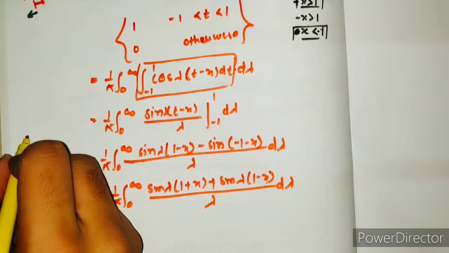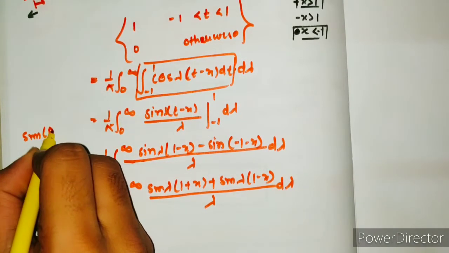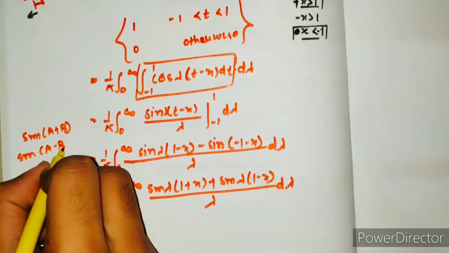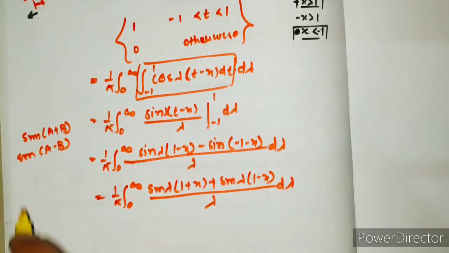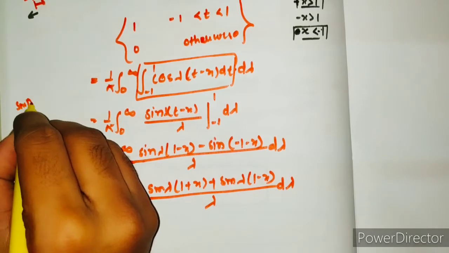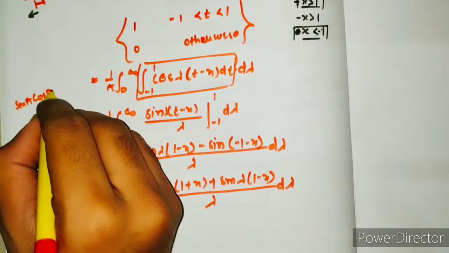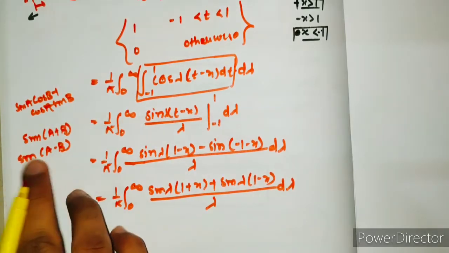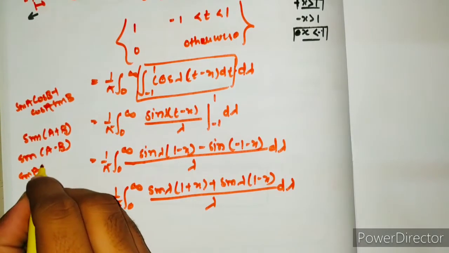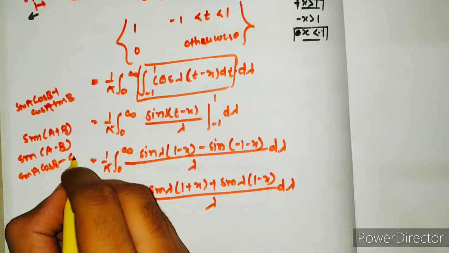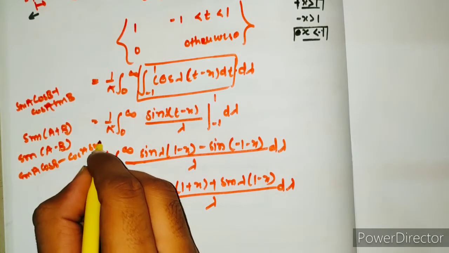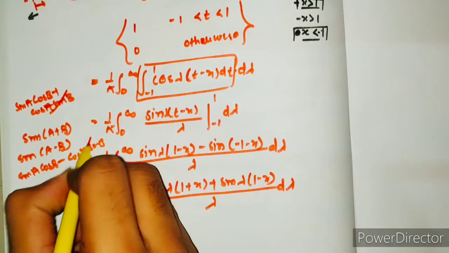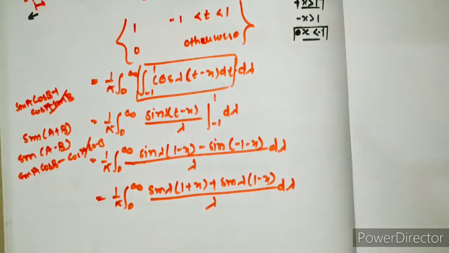When you apply the formula sine (a plus b) equals sine a cos b plus cos a sine b, and sine (a minus b) equals sine a cos b minus cos a sine b, the cos a sine b terms cancel out and we find 2 sine a cos b.